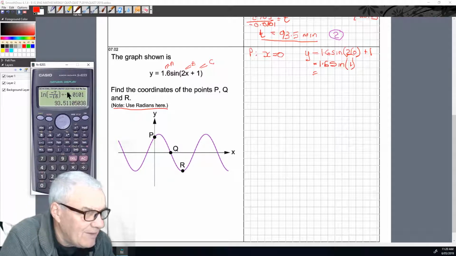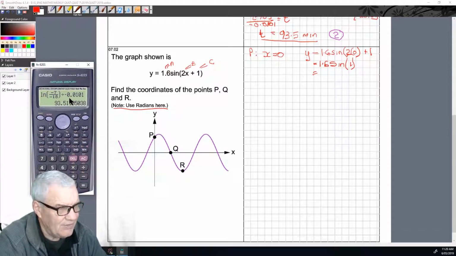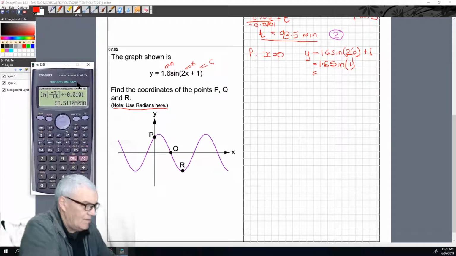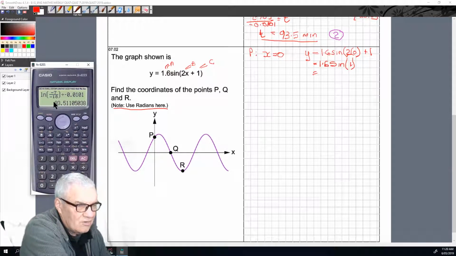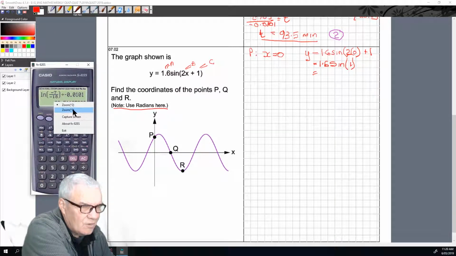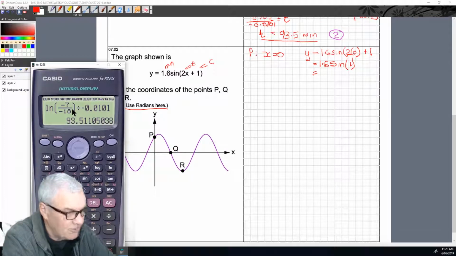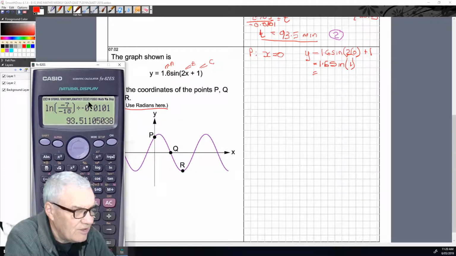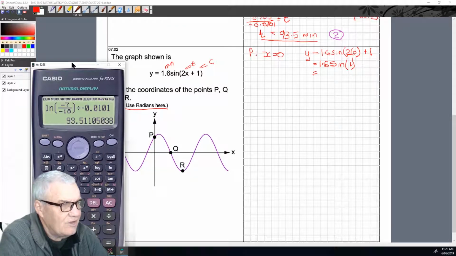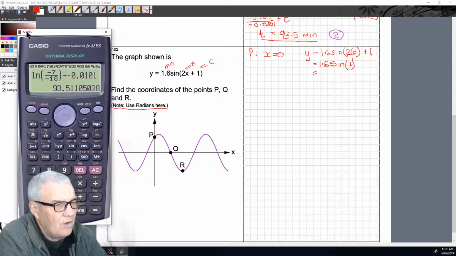It should appear up in here as, I think you can see there, the little radians indicator is highlighted. It's sort of hard to see really, but that's there anyway.